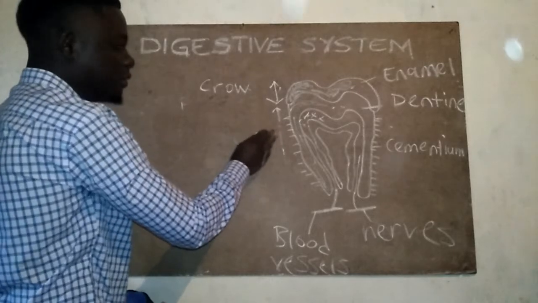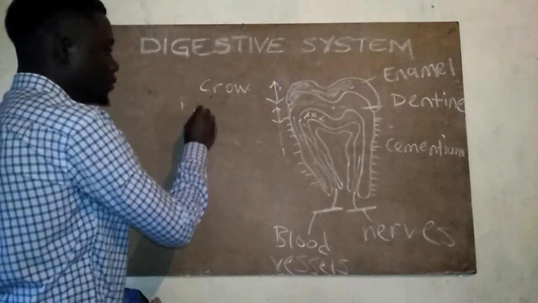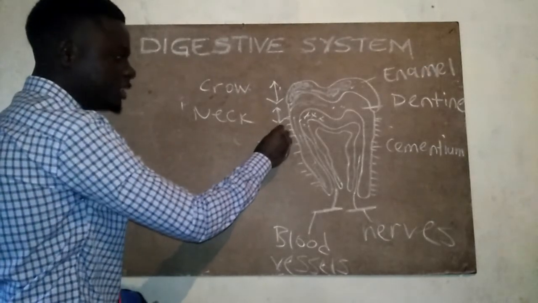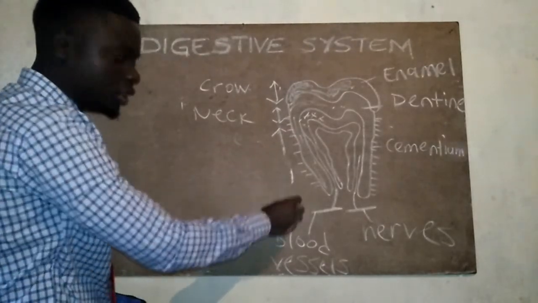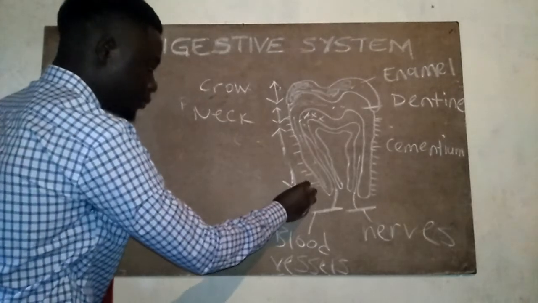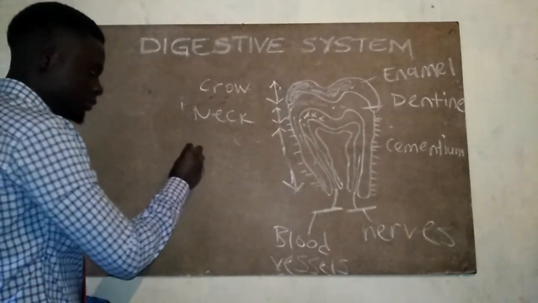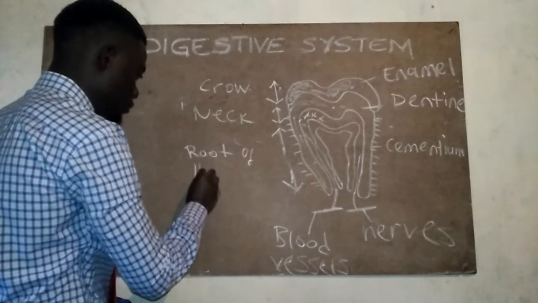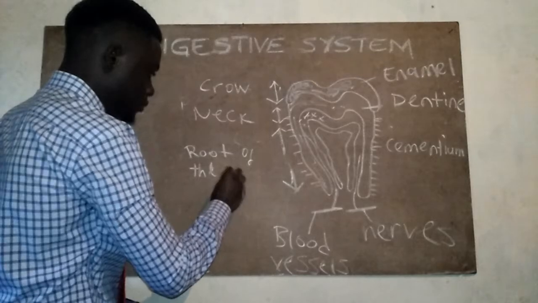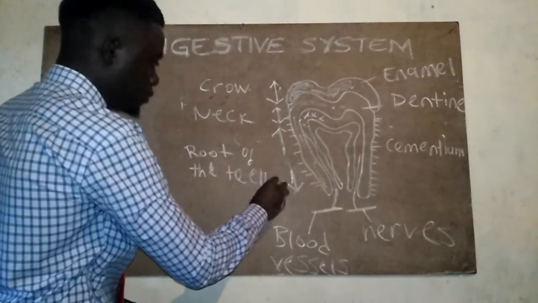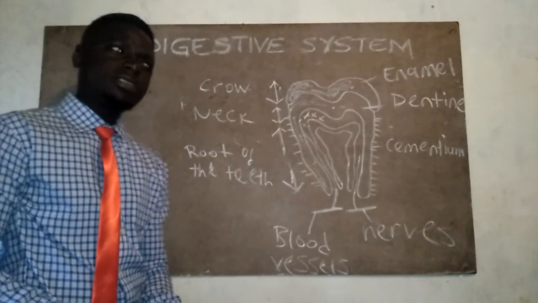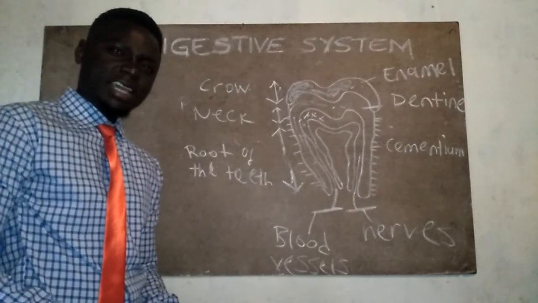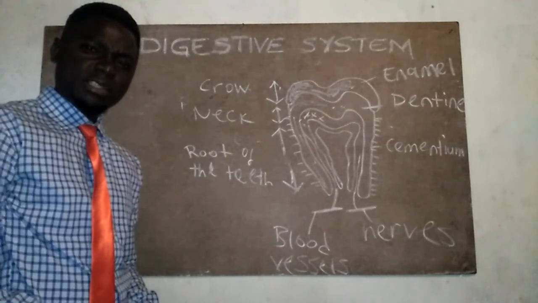And this is the neck. And the remaining part here at the level of the jawbone is what we call the root of the teeth. And this is the structure which is just beneath the jawbone. Take note of the notes that I will send.